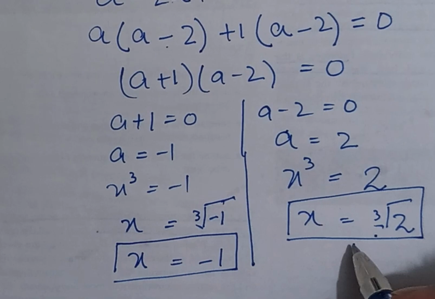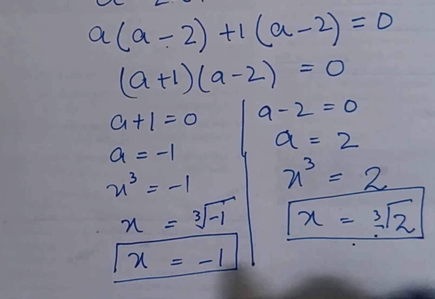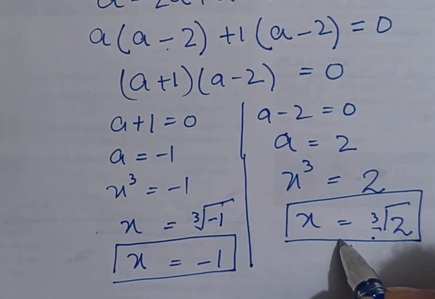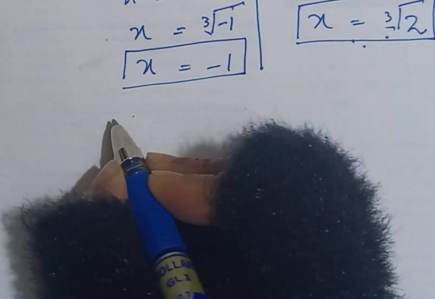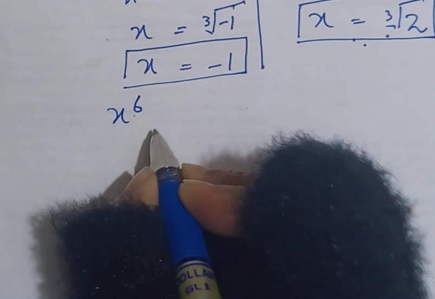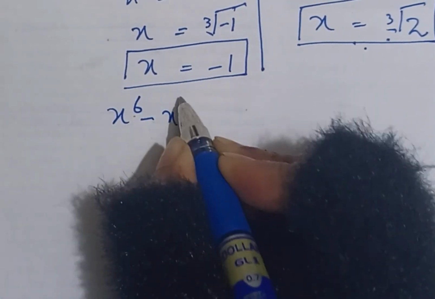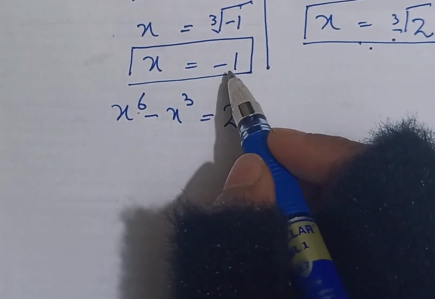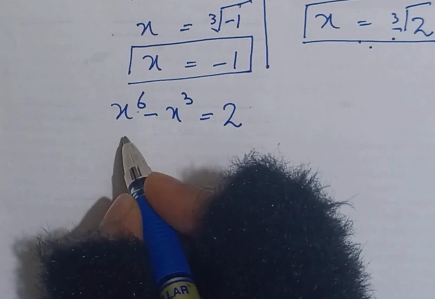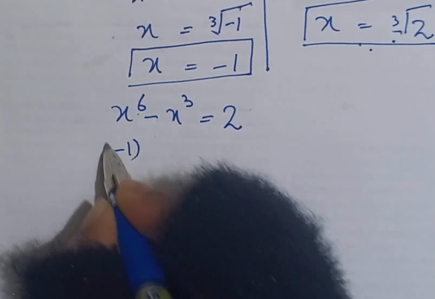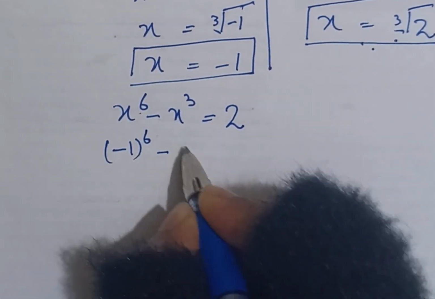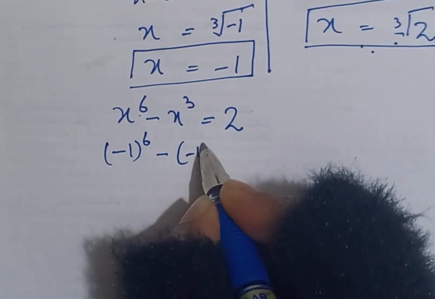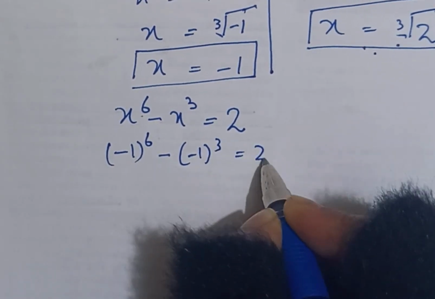And in the next step, we check whether these answers verify our question or not. So the question is x raised to the power 6 minus x raised to the power 3 is equal to 2. Now check for x is equal to minus 1. So this will become minus 1 raised to the power 6 minus minus 1 raised to the power 3 is equal to 2.